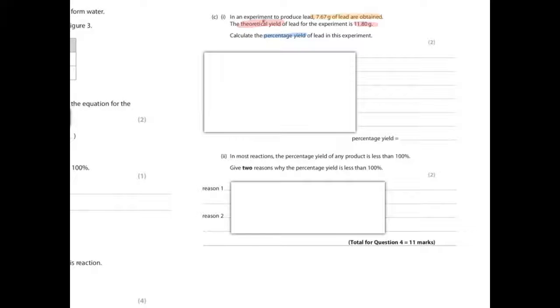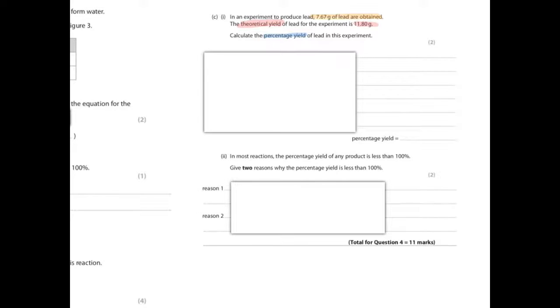In an experiment to produce lead, 7.67 grams of lead are obtained. The theoretical yield of lead for the experiment is 11.8 grams. Calculate the percentage yield of the lead in this experiment. So this is just a simple percentage yield calculation, and you have the actual yield, what you actually get here, and you get here the theoretical yield, which is the maximum expected amount, or the maximum amount you can get over here.